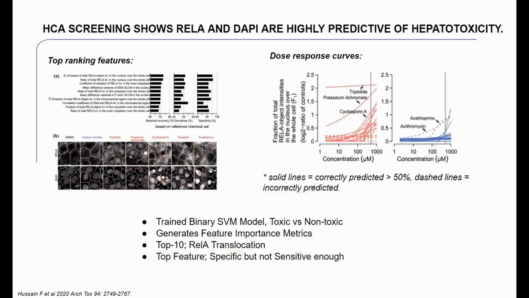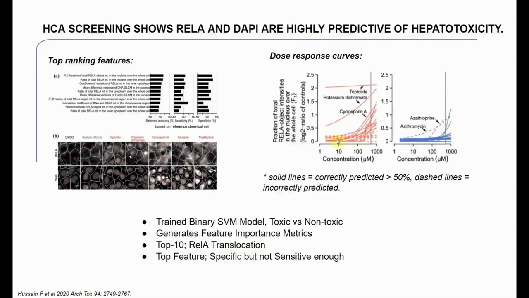One of the byproducts of the support vector machine model, like a lot of these machine learning models, is that it outputs a rank order of all of the features or measurements according to how important they are for your model in order to distinguish between your different classes. And so here what they found was that in the support vector machine, one of these REL-A features that came up in the clustering was the most important feature distinguishing between toxic and non-toxic.